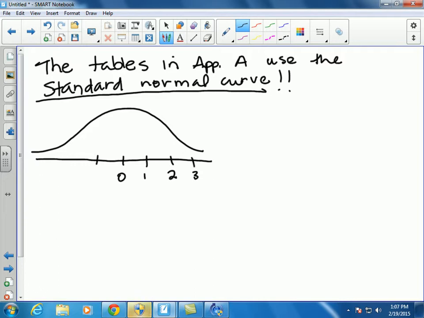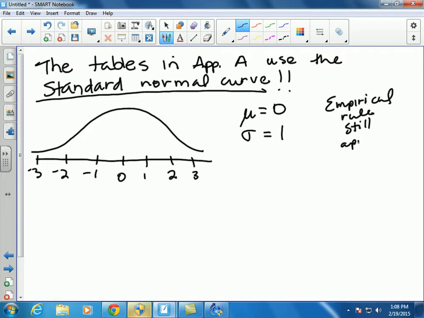So it's very different. It's where the mean is 0 and sigma is 1. The empirical rule still applies, meaning the 68, 95, 99.7 rules still apply.